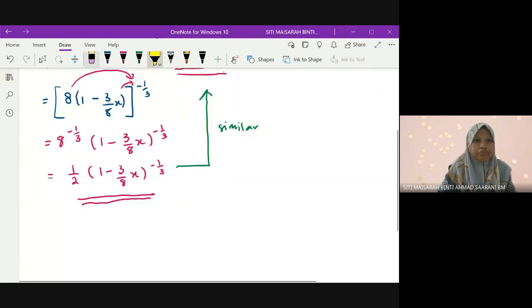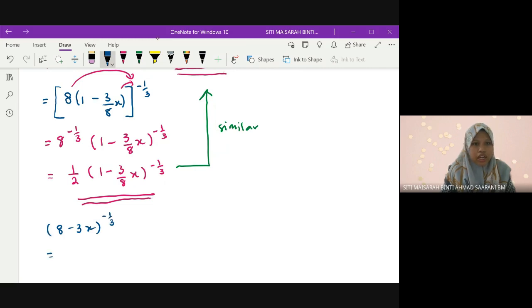Okay, so then we want to expand, continuing from this. We want to expand 1 minus 3x power negative 1/3.